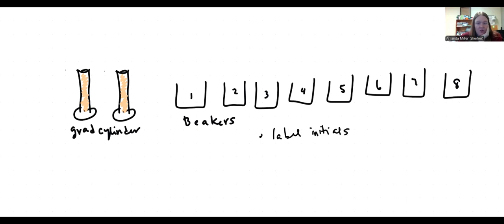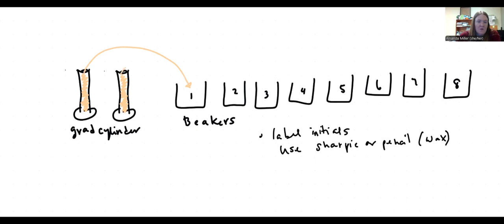You can use a Sharpie or a wax pencil, not a regular pencil. Those are both located by my desk in the front of the room. Anyway, what we're going to do here is take our iron(III) chloride and move it from each cylinder into beaker 1.